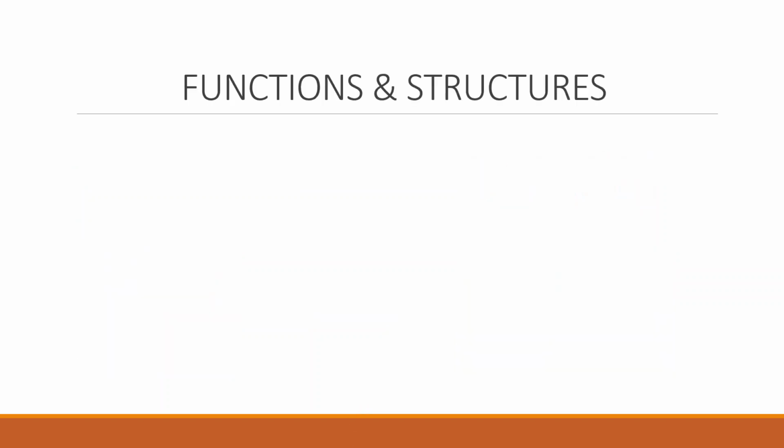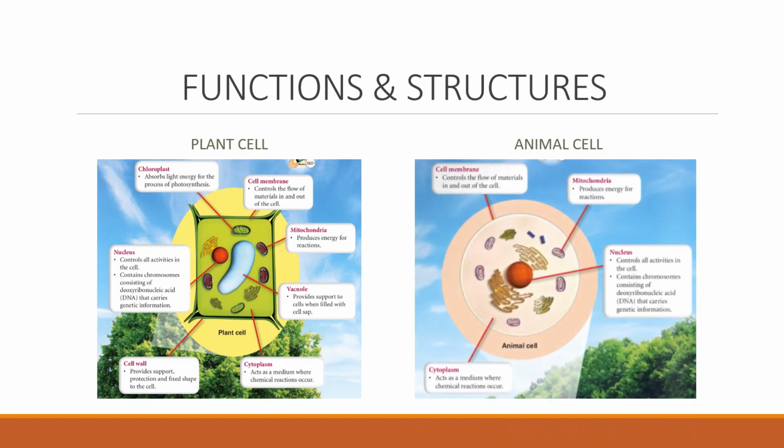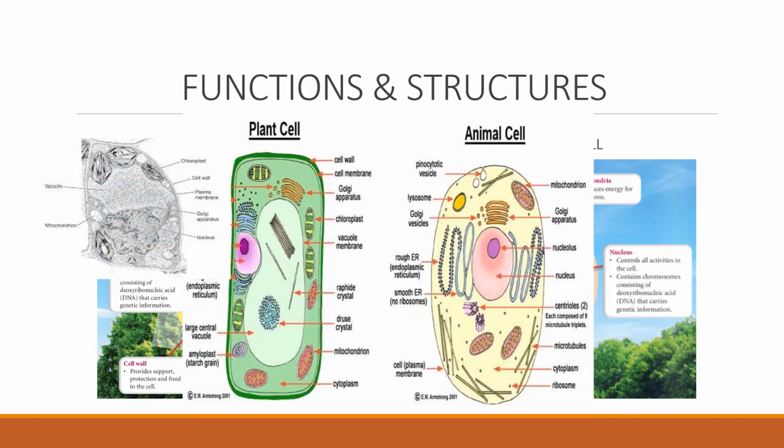Next, we are going to study the functions and structures of two different types of cells, which are the plant cell, as you can see over here, and the animal cell, which is over here. I took the photos from the textbook as I do not want it to be too hard for you guys. If you take biology in the future, you'll probably learn something more complicated like this, through the electron micrograph, which is taken from an electron microscope.